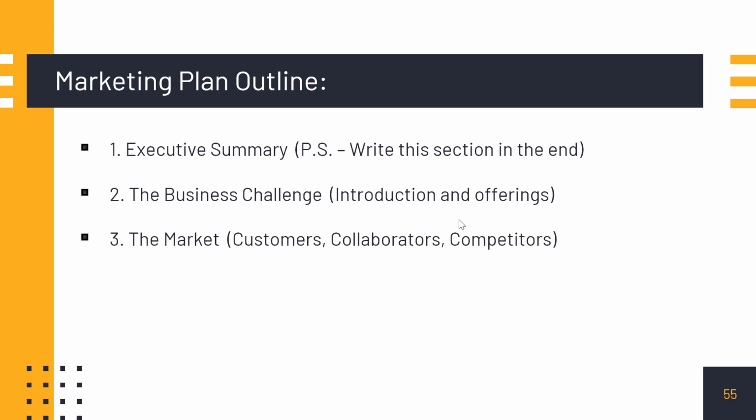Are you going to collaborate with local people, local artists? Are you going to collaborate with charity organizations? Who are the competitors? Are the competitors limited to where you are, or do you have competitors all over Kathmandu or all over Nepal?